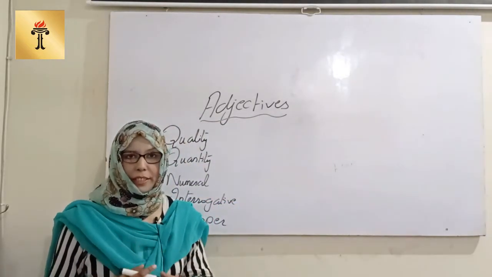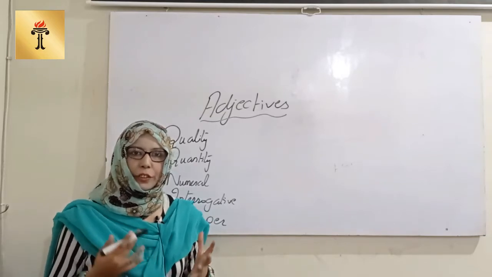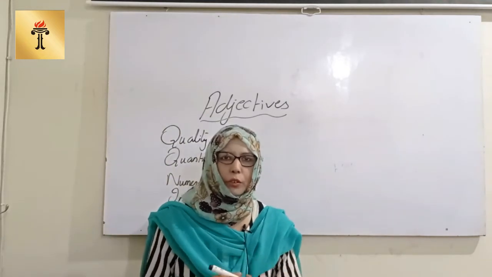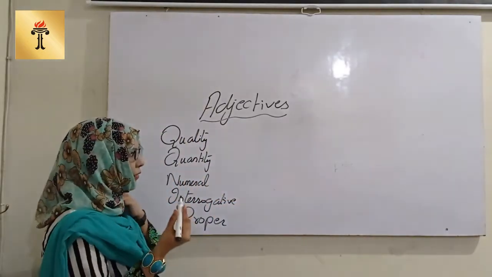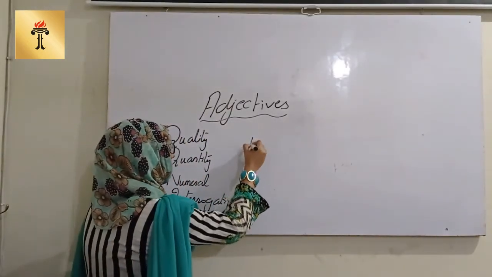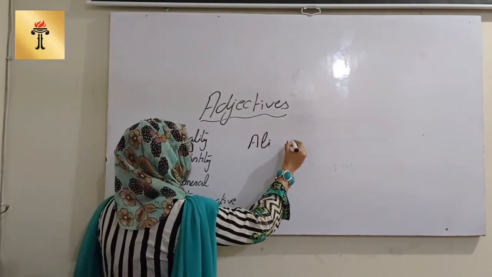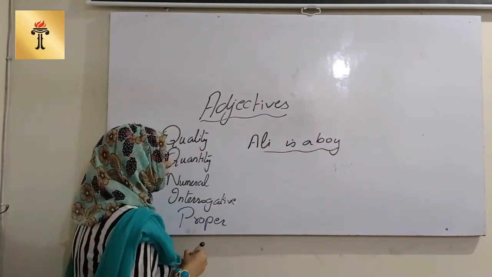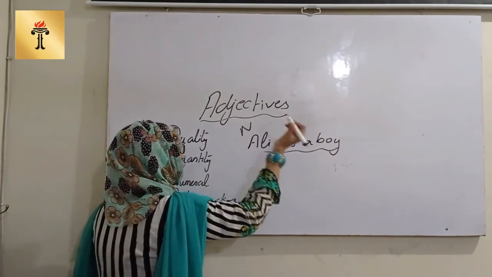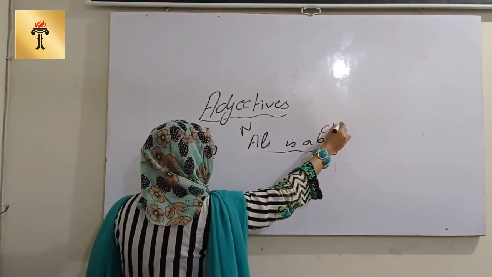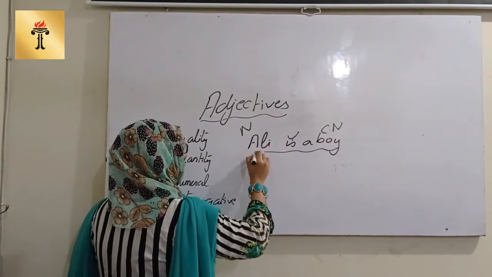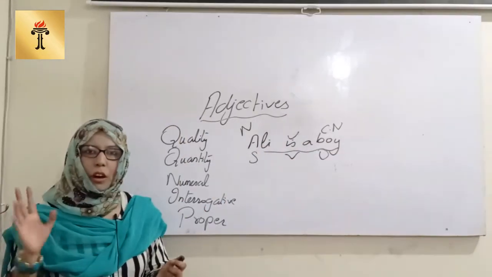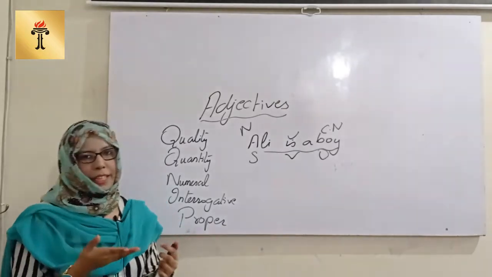What is an adjective? An adjective is a word which describes the noun and pronoun. If I write "Ali is a boy," the sentence is complete. We have the noun, the common noun, and the verb, like subject, verb, object, but we do not have any description.